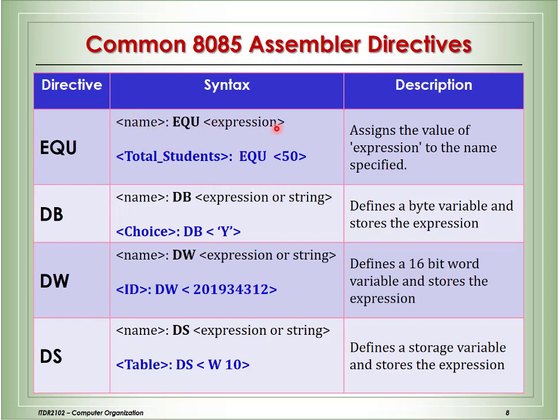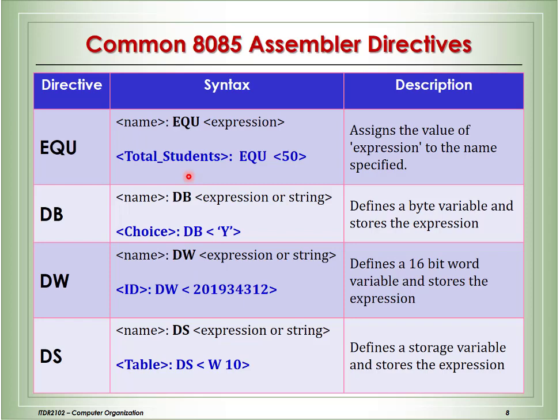Name means a user-defined name, whatever you want to write. For example, total_student EQU 50. So the value 50 is assigned to total students in the whole program. When you write this directive, the value of total student will always be 50, that is equivalent to 50.